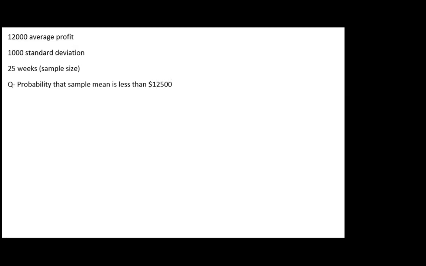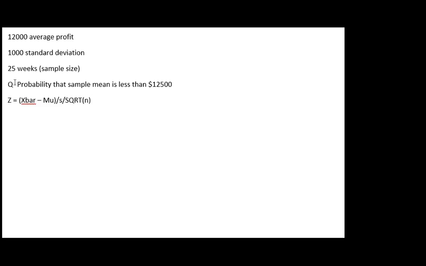So the formula was Z equals X bar minus mu, divided by sigma, the standard deviation, over radical n, the square root of n.